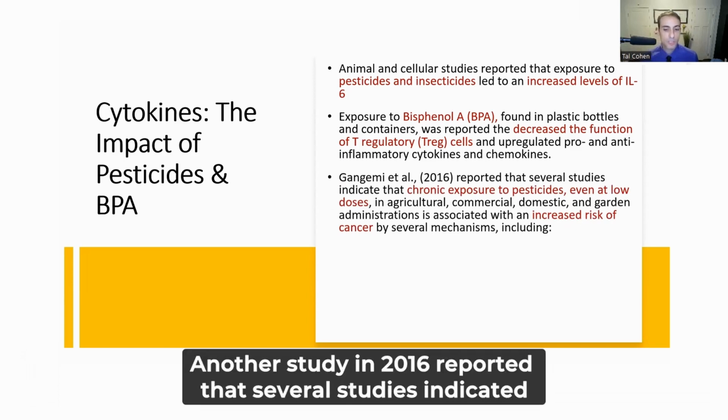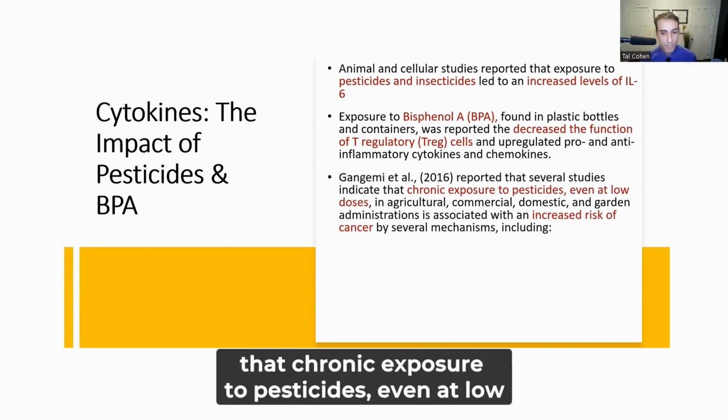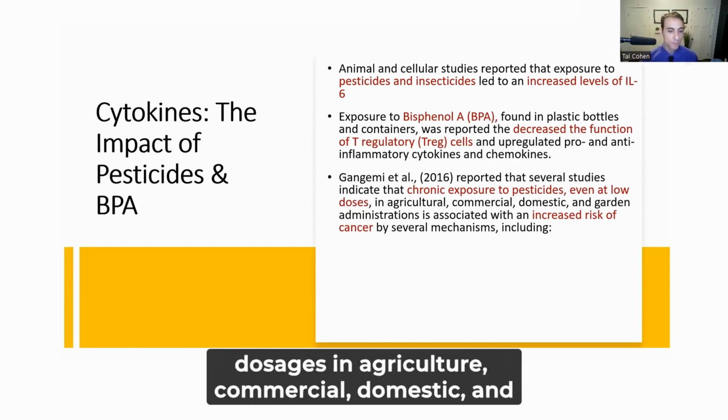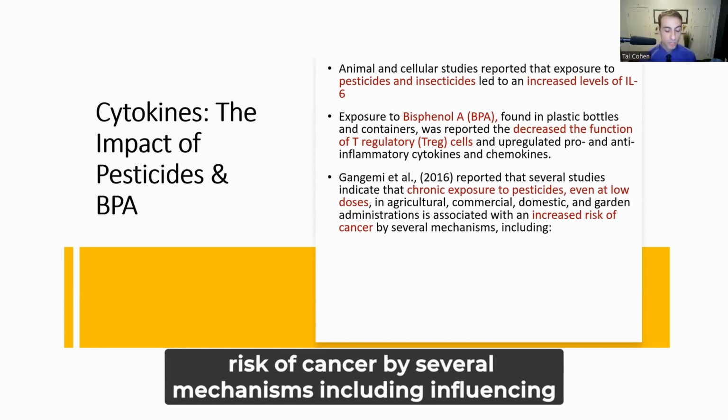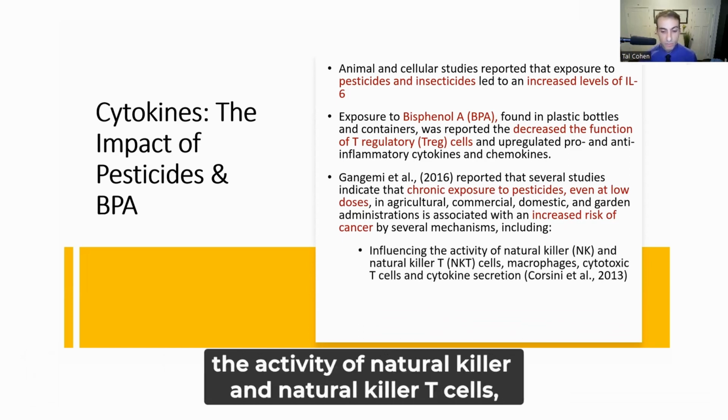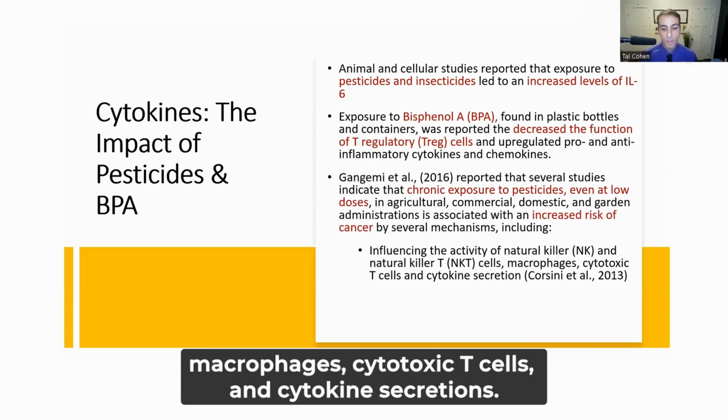Another study in 2016 reported that several studies indicated that chronic exposure to pesticides, even at low dosages in agriculture, commercial, domestic, and garden administrations, is associated with an increased risk of cancer by several mechanisms, including influencing the activity of natural killer and natural killer T cells, macrophages, cytotoxic T cells, and cytokine secretions.